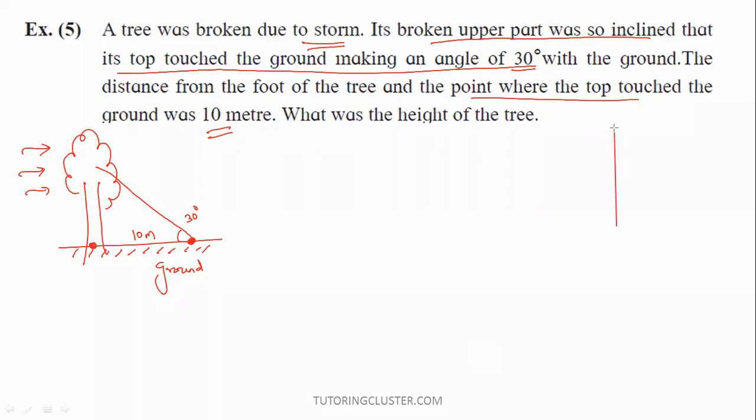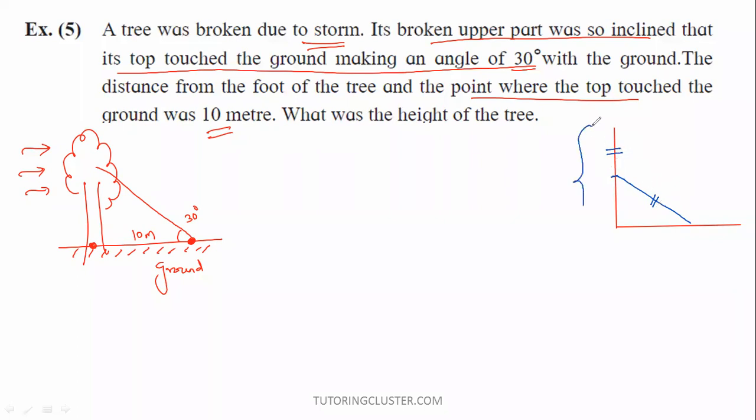So this is the tree, and this is your ground. What is happening? Due to the storm, the tree's upper part got broken and is resting like this. So obviously this part and this part are going to be equal, they are the same part only.